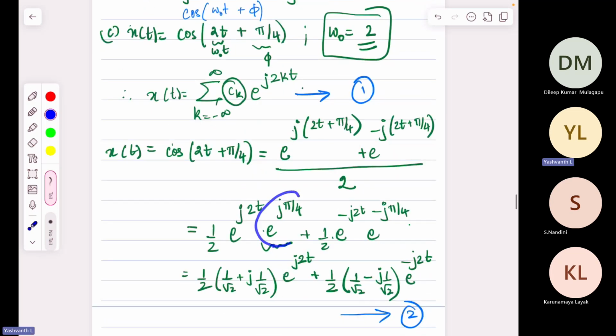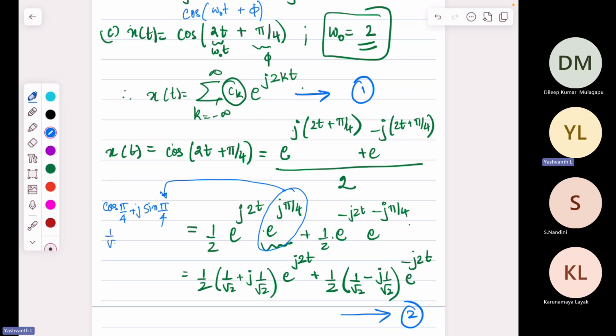But what is e power j pi by 4? Again by Euler's, e power j pi by 4 is nothing but cos pi by 4 plus j sine pi by 4. But what is cos pi by 4? 1 by root 2, since pi by 4 is 45 degrees. Similarly, sine 45 is also 1 by root 2.